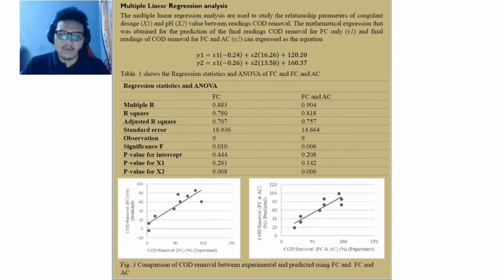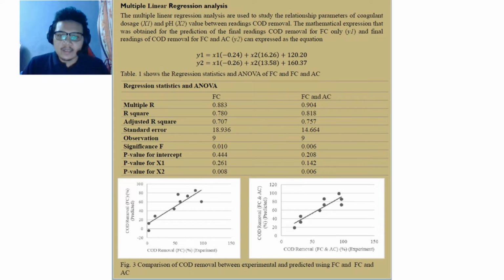Table 1 shows the regression statistics and ANOVA for FC and AC. The important parameters in table 1 are R squared, adjusted R squared, significant F, and P value for x1 and x2.